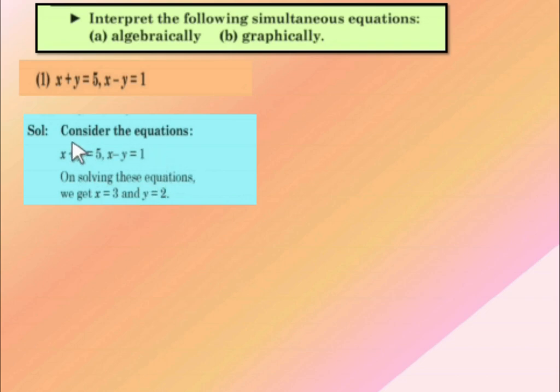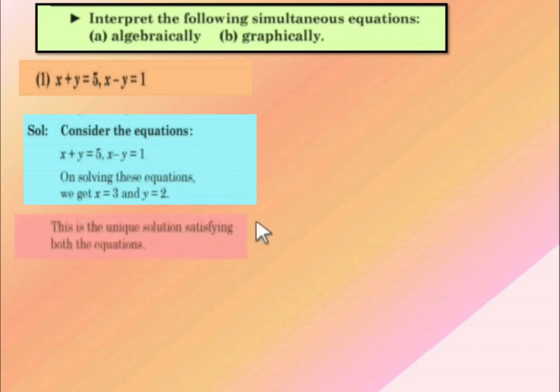It satisfies both equations. Put x is equal to 3, y is equal to 2 in the first equation, and the equation is satisfied. In the second equation, substitute x is equal to 3 and y is equal to 2: 3 minus 2 is equal to 1. The equation is true.